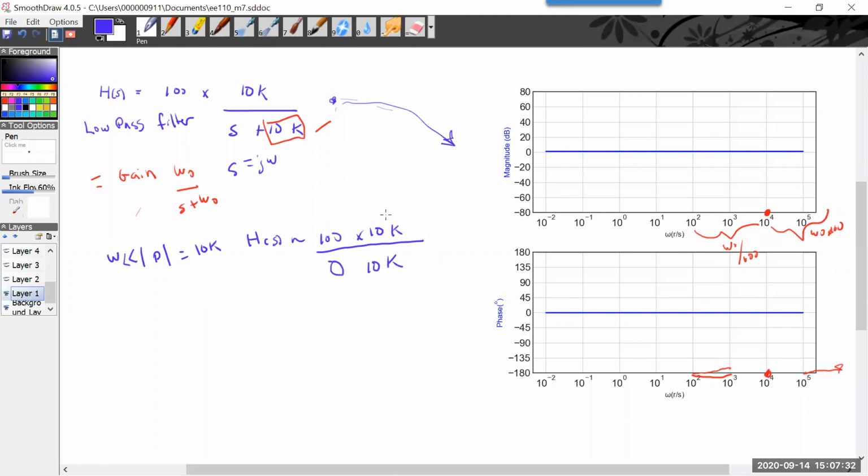We're left with 10K, that cancels, and a gain of 100 gives us 40 dB.